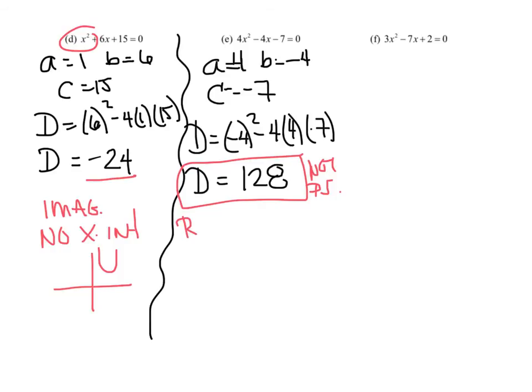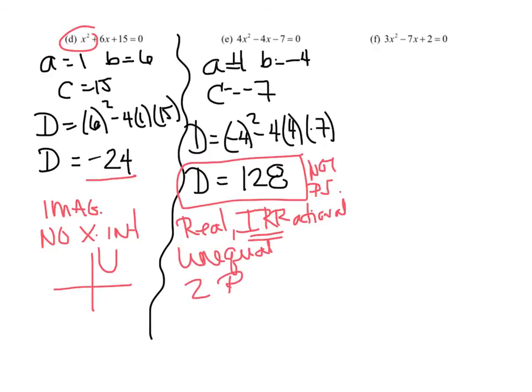So it's still a real number. Okay, it's not imaginary, it's not negative. If it's not perfect, the key word you have to memorize is irrational. Okay, I'm unequal, and I have 2 roots. All right, so I'm just using that chart we made. I'm real, I'm irrational, that's my key word, unequal, and have 2 roots.